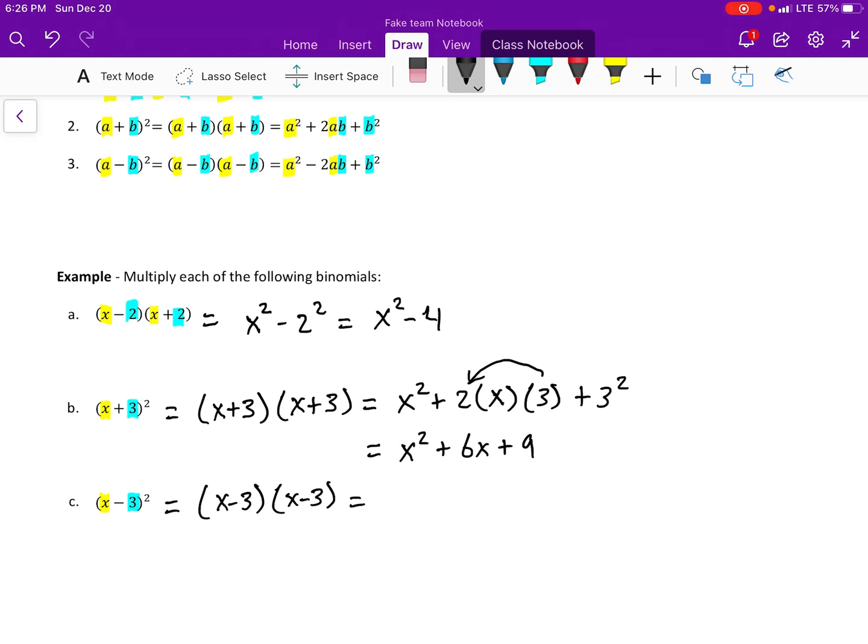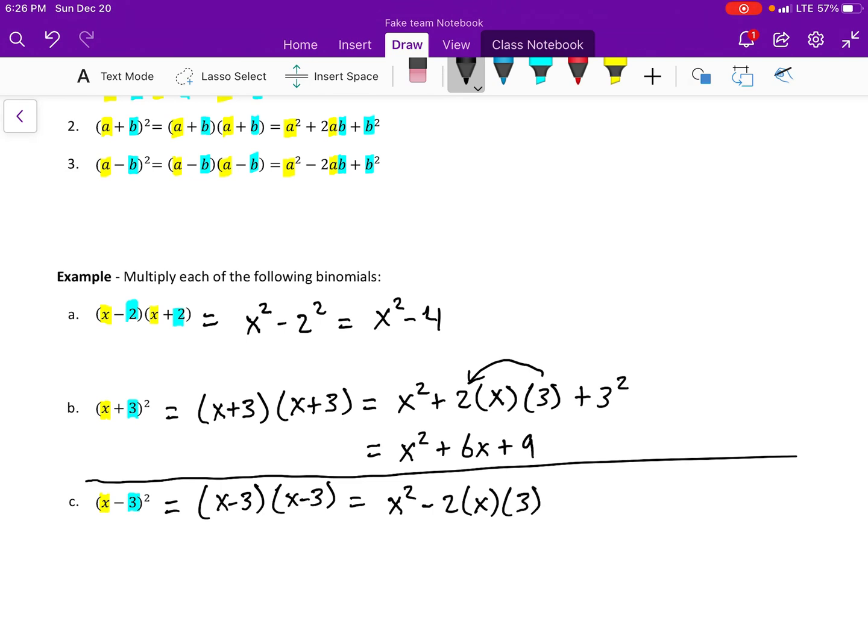And this is equal to, let me just put a little divider here. So this is going to be equal to a squared. Now our a is x, so this is x squared minus 2 times a times b. So again, times x, and then times 3.